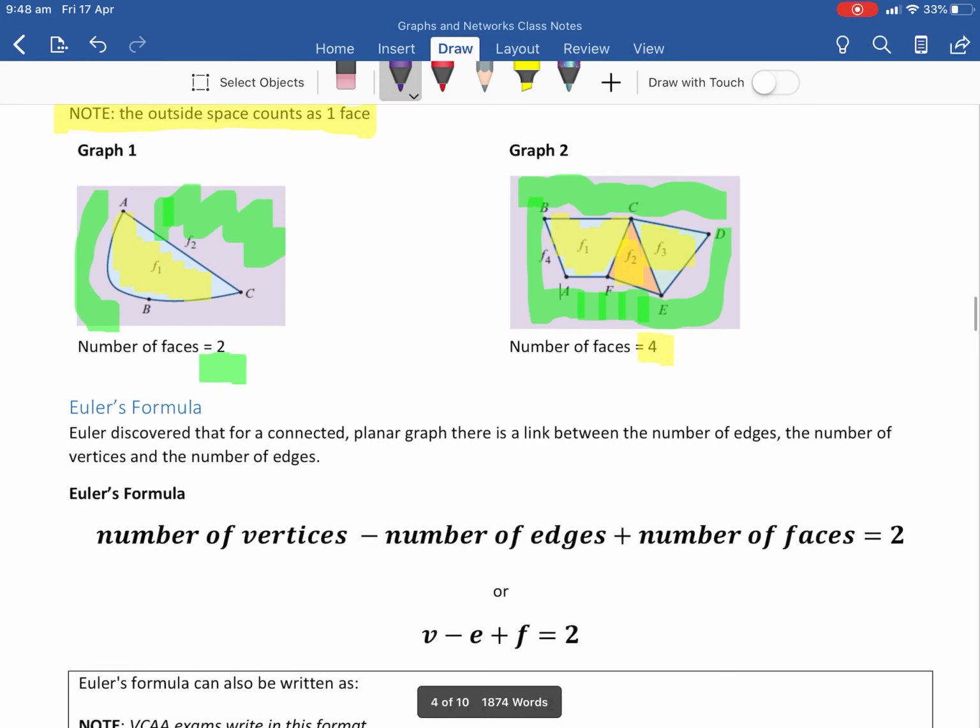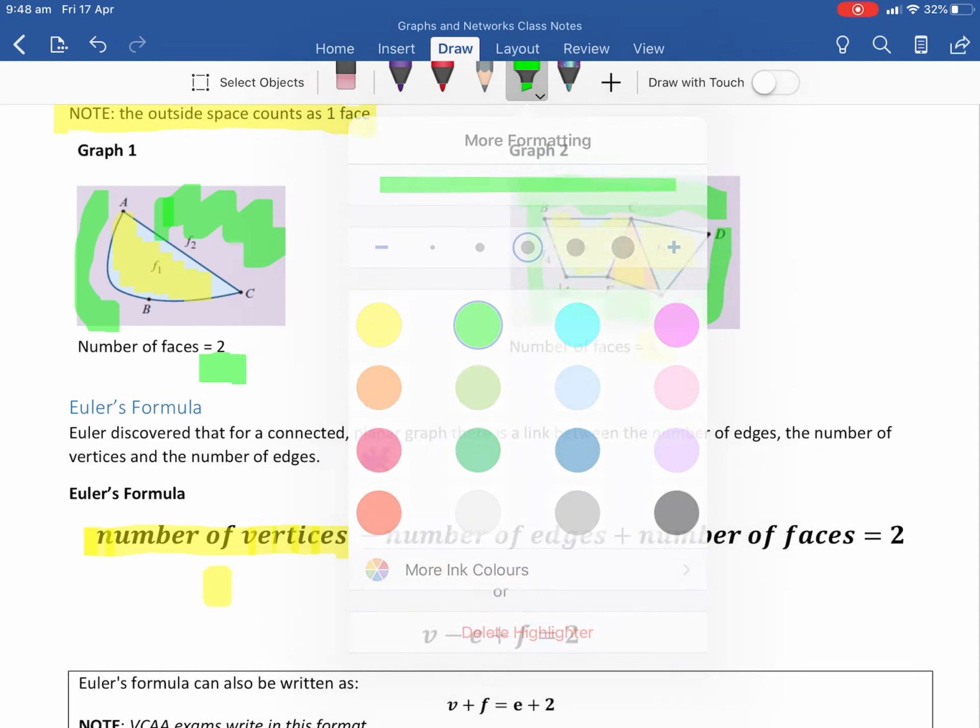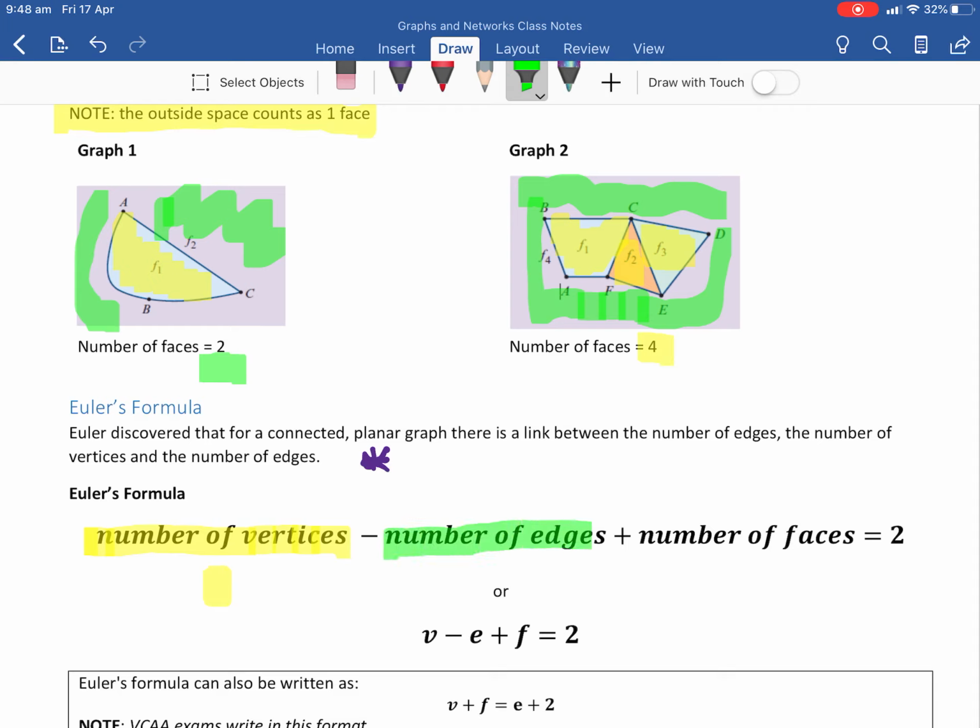So Euler's formula. Euler discovered that for a connected planar graph, there is a link between the number of faces, the number of vertices, and the number of edges. To unfold that a little bit, it includes the number of vertices, the little circles, little dots, and the number of edges, which are the lines connecting.